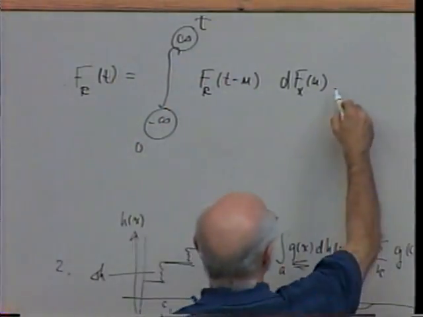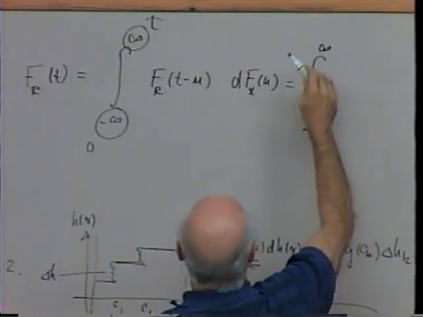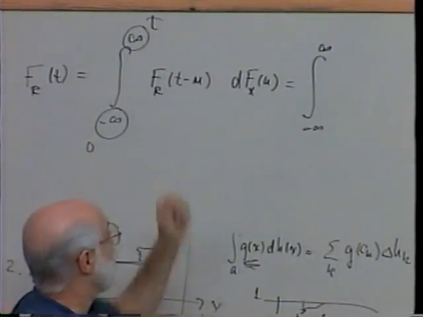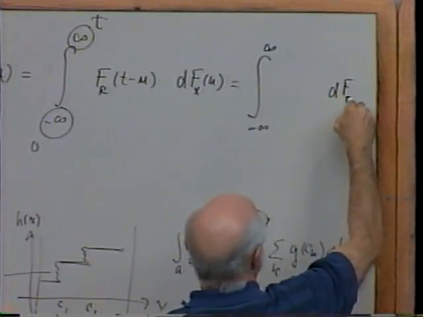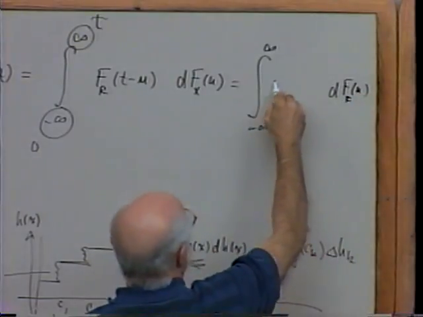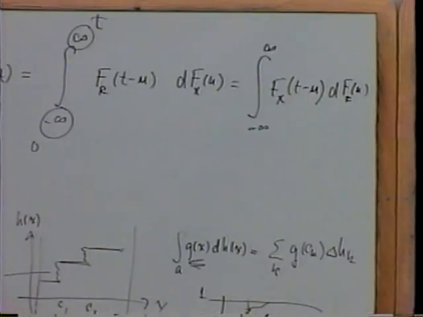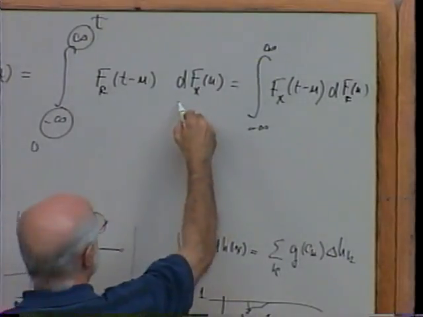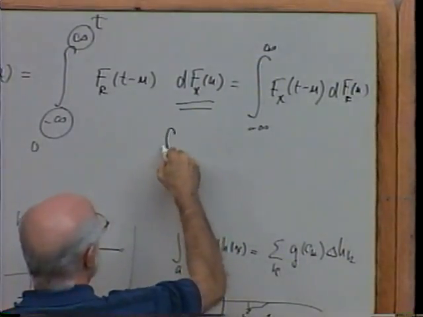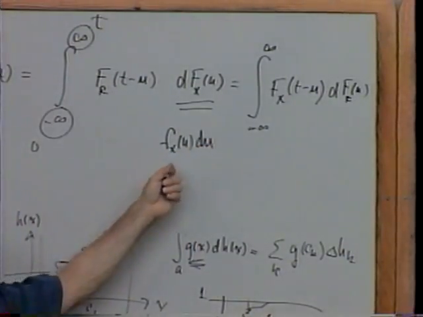Now the other way to do it was to take the same integral, except that instead of putting the R here and the X here, reverse them. So this would give me dF_R(u) f_X(t minus u). What I said to do was to do it this way, because if I simply replaced that by the density function du, I would get the right answer.